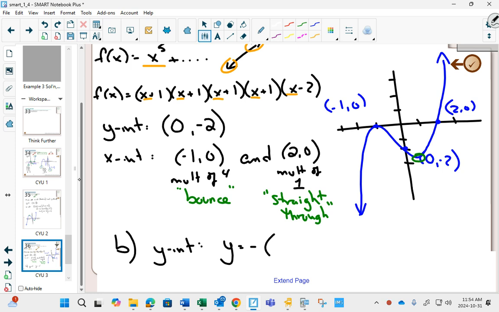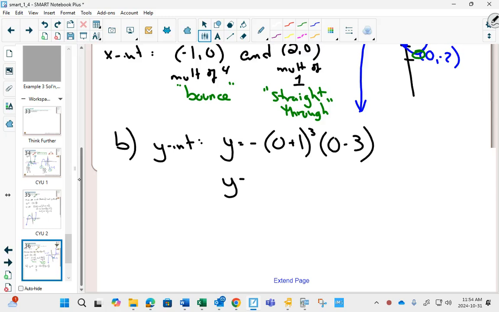So we have 0 plus 1 to the 3, and then 0 minus 3. This negative is like a -1. Do each one separately. 1 to the 3 is 1, and 0 minus 3 is -3.